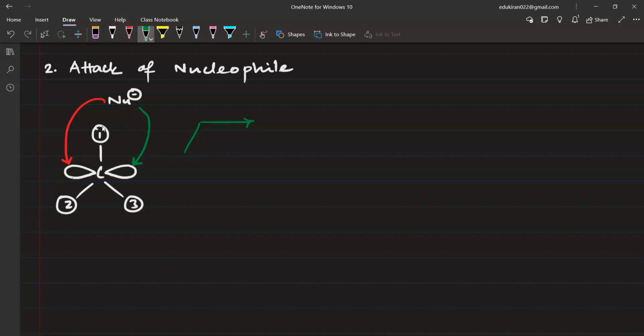Okay, so in the green pathway, what's going to happen? I will have the carbon atom like this, and groups 1, 2, and 3 will be behind now. Because we have attached here, this nucleophile will be attached this way. And if I go towards the red pathway, the carbon atom will be like this.